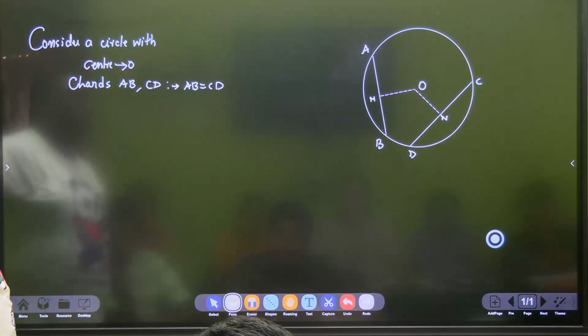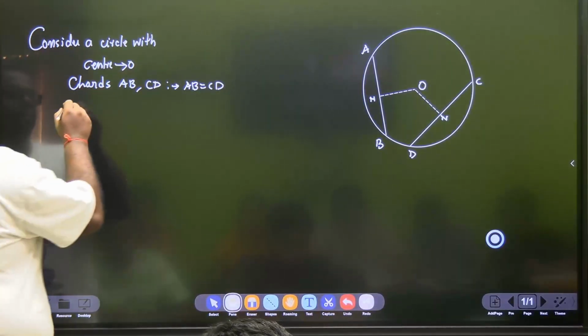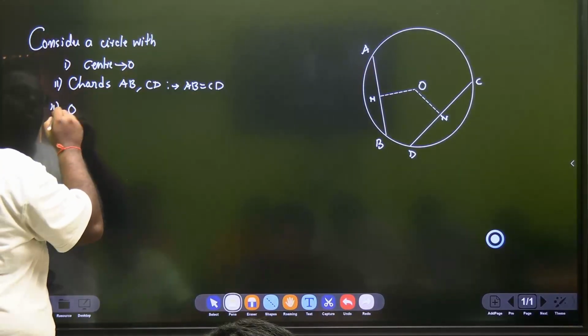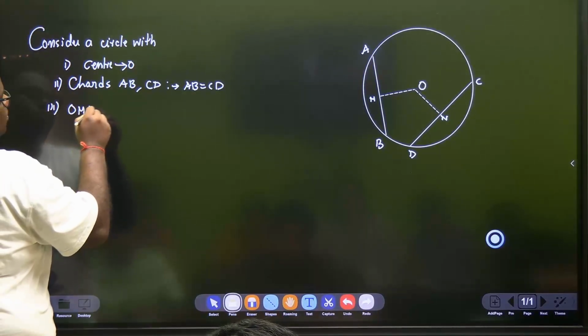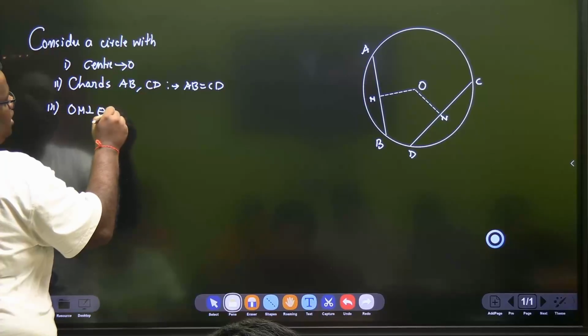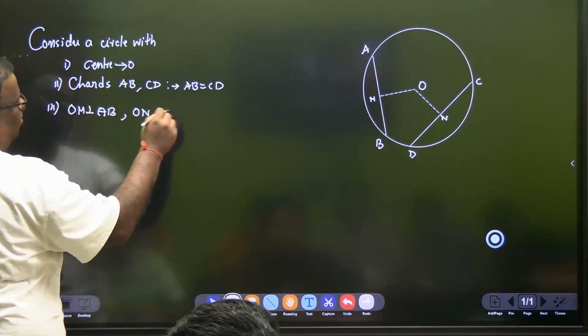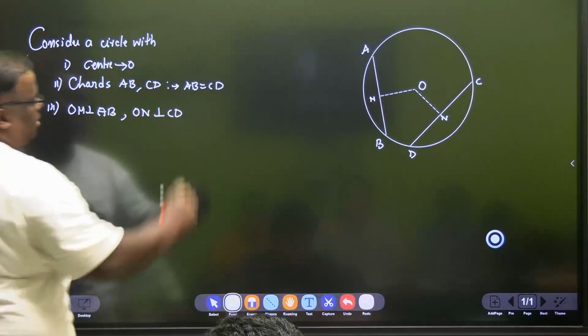OM is perpendicular to the chord AB and ON is perpendicular to the chord CD.